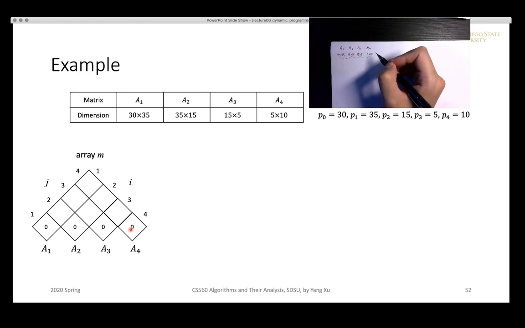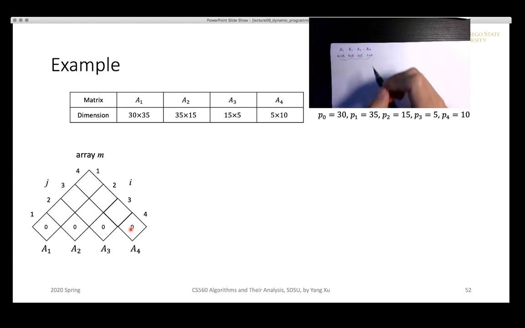Okay? And because we only have 2 matrices for a size 2 subproblem, we're not really solving it; we're just computing the number of scalar multiplications needed to multiply 2 matrices together. There's no other way to do the parenthesization, right?